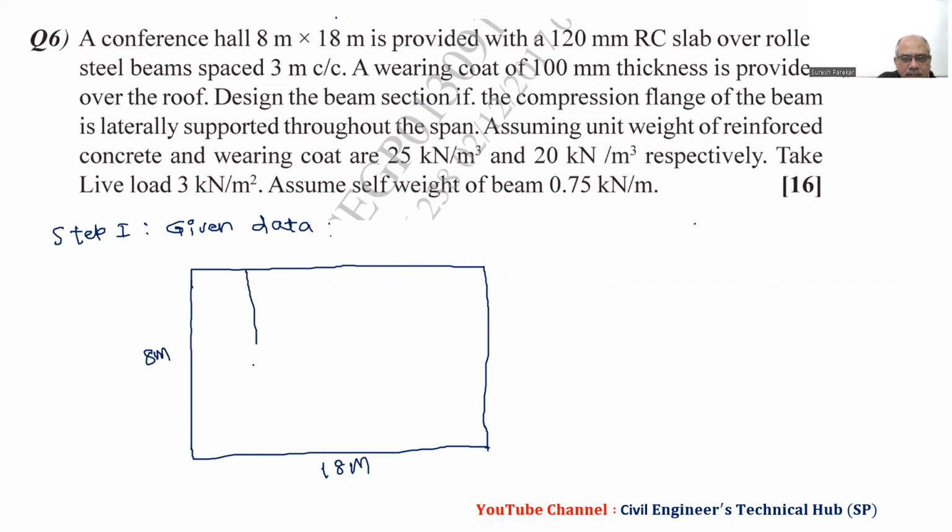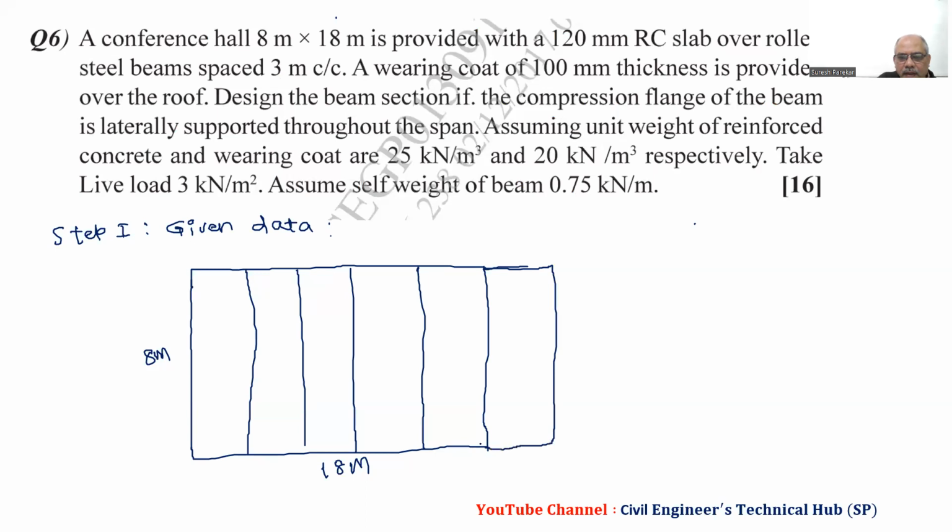Now we have 6 parts: 1, 2, 3, 4, 5, and then we have 6. So we have 3 meters. Total is 18 meter and they have mentioned 3 meters center to center.